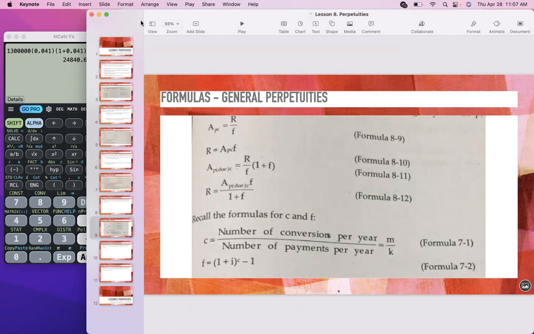Now, once we solve for general perpetuities, remember the C. C stands for the number of conversions per year over the number of payments per year. After solving C, we need to solve for F. That's quantity 1 plus I to the power of C minus 1. Let's start.